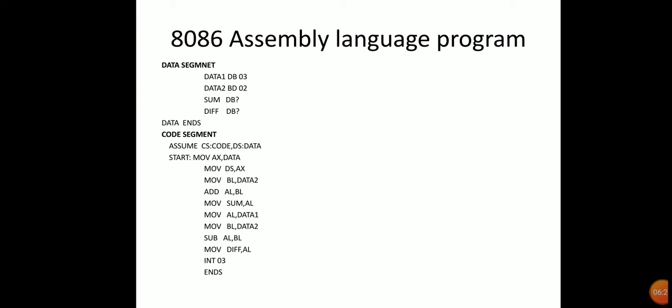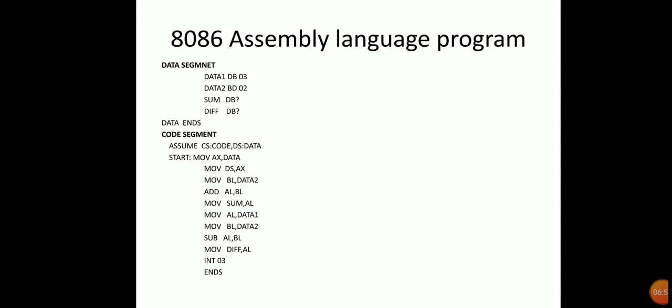Now the conditions are satisfied, the execution of BL, that is the subtraction value, is stored in the accumulator, and the difference value is moved to the accumulator. And using INT 03, we decide how many times the execution will be repeated.